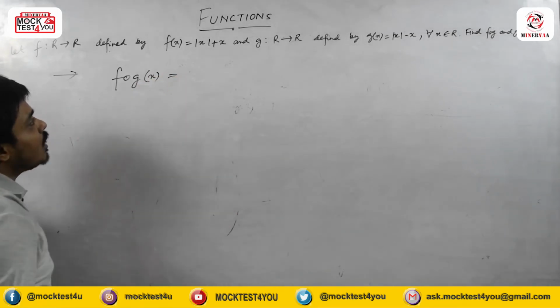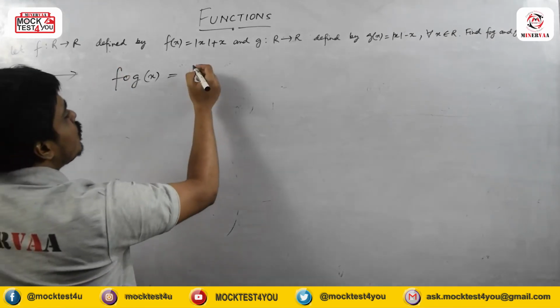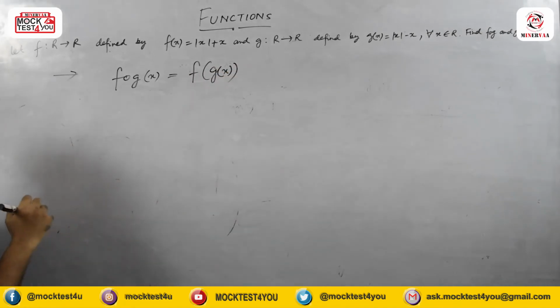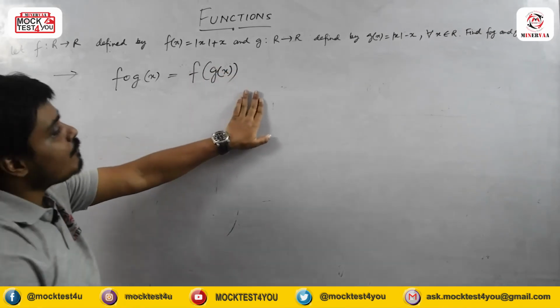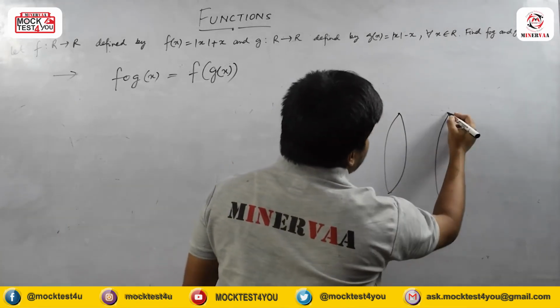So f of g means we are doing a composition of these two. So it will be f of g(x). Understood? Now if I have to tell you, the function will look like this.